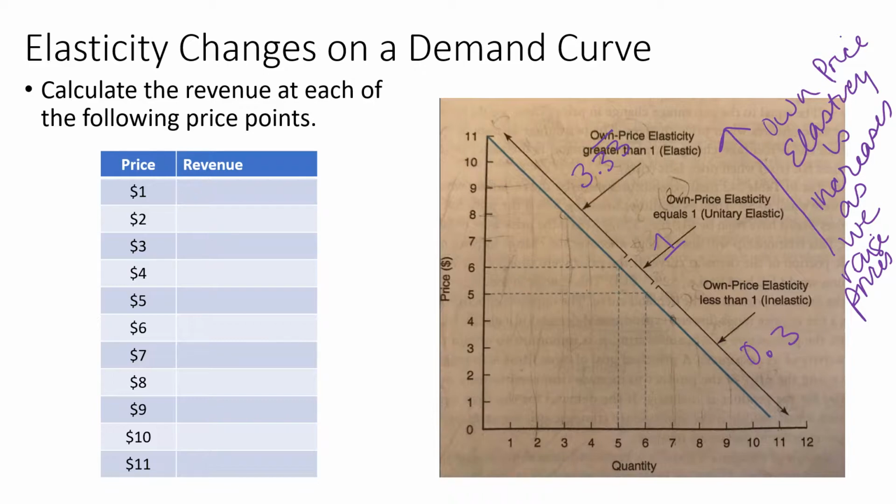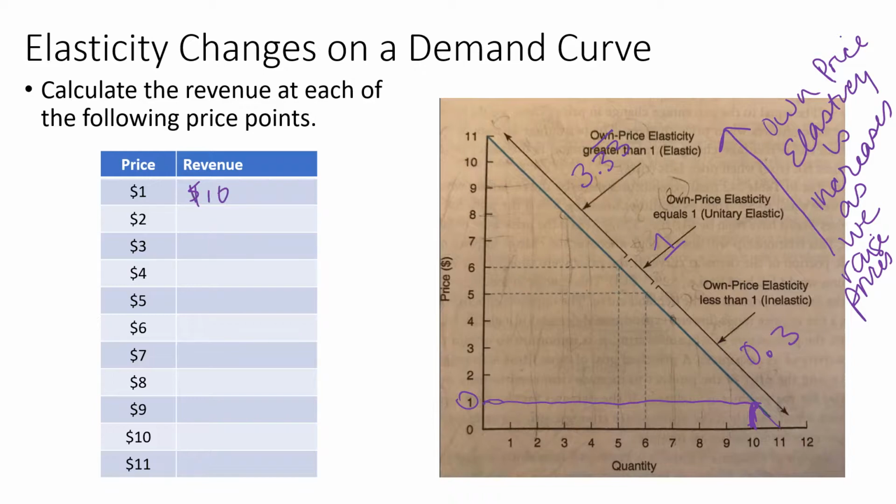So if the price is $1, we are going to sell 10 items at $1. So our revenue is $10.